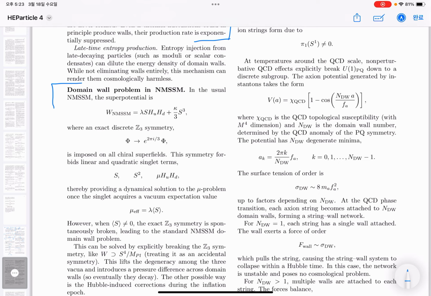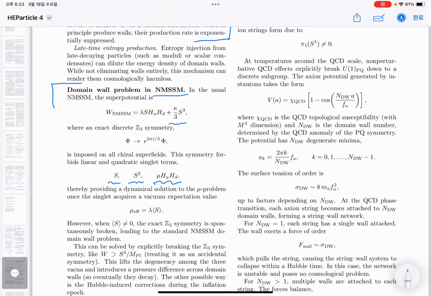In supersymmetry, especially the NMSSM, which is the next-to-minimal supersymmetric standard model, it contains an additional singlet S, and this has an exact discrete Z3 symmetry for all the chiral superfields. So this forbids, for example, the linear or quadratic terms for the singlet and the mu term of the MSSM.